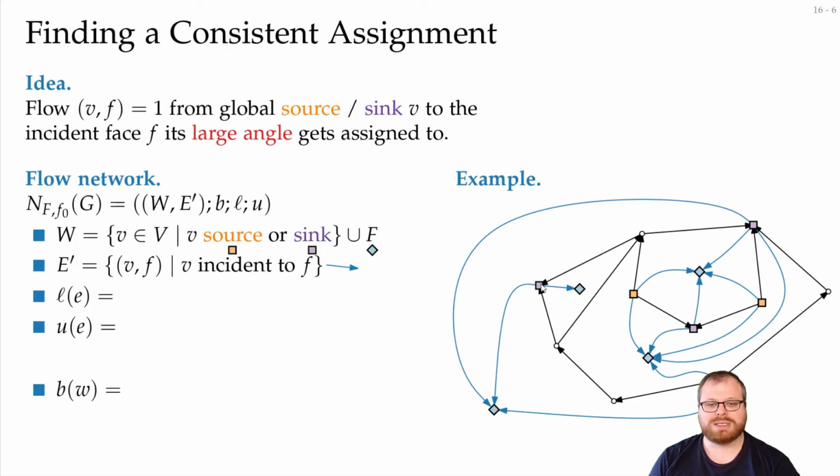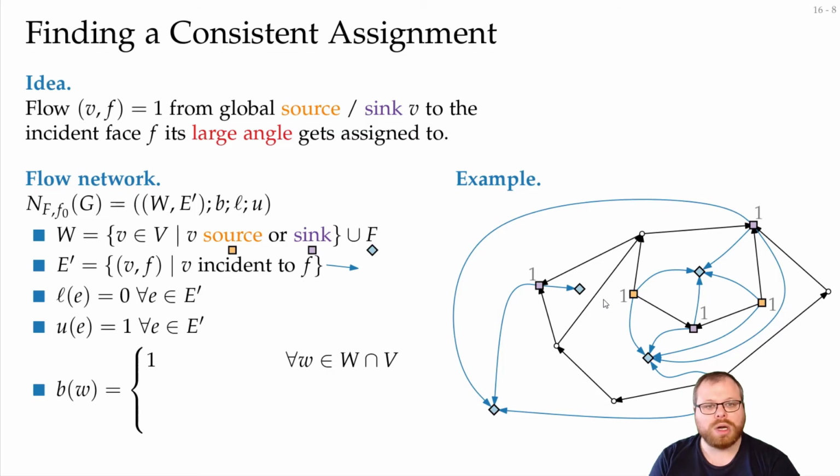So a vertex is connected to a face if the vertex is incident to the face. The lower bound for all these edges is 0, and the upper bound is 1. And the production for all of these vertices is 1 if it is a global source or sink. Those want to give one large angle away to a face.